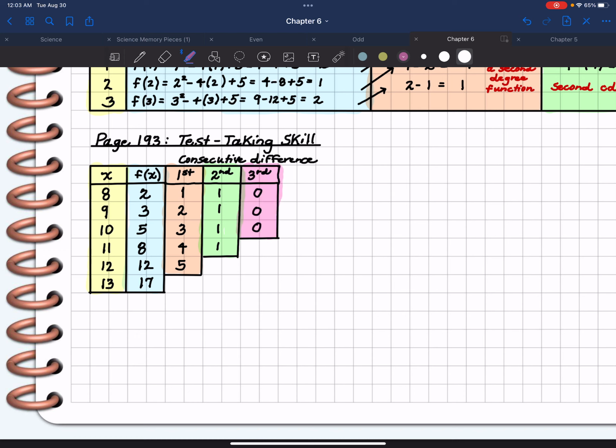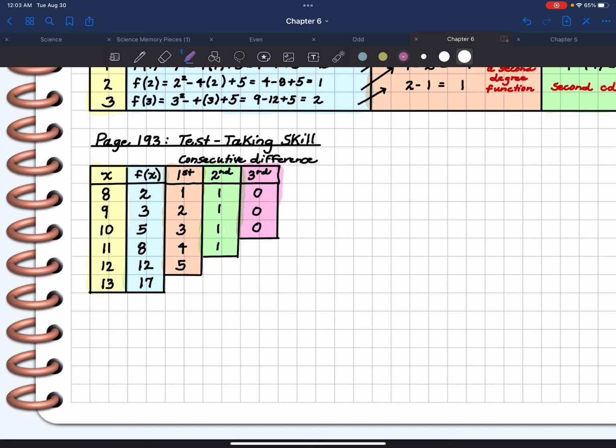So here's the table they gave us, and here's the question. This is about eliminating unnecessary information. Sometimes on a test, you are given extra information not needed to solve the problem. Read each test question carefully and determine what information is needed to solve the problem.